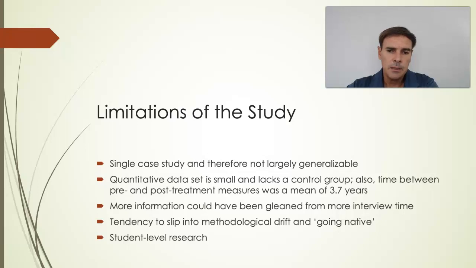There were only 10 subjects. There's no control group. The duration of the treatment was about 3.5 years, so there are so many other factors that may have enhanced the effectiveness of treatment or may have had a deleterious effect. We just don't know. There's just too many moving parts. That's the limitation of naturalistic study settings.